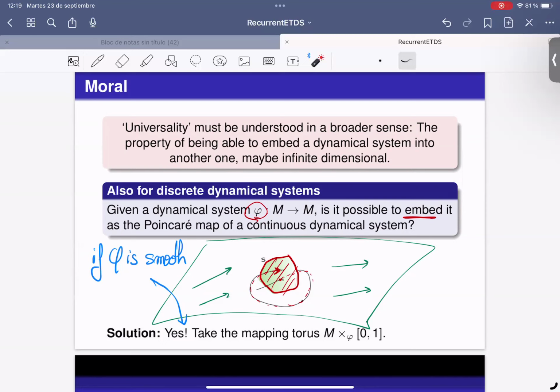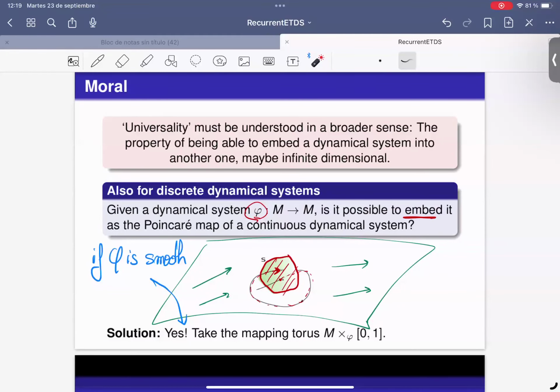Typically, if you want to do the mapping torus trick, it has to be a bijection, a diffeomorphism. But if phi is not a diffeomorphism, the question still makes sense.